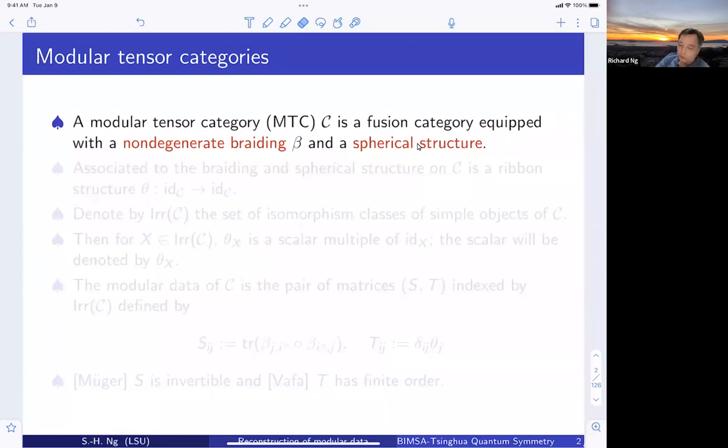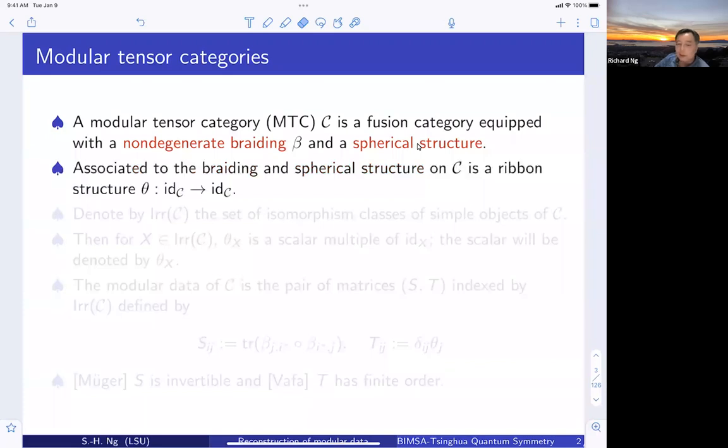So I try to suppress this technicality, but at least we have in our mind that we have a braiding and a spherical structure, and the spherical structure together with the braiding gives you something called the ribbon structure, which is an isomorphism of the identity functor. This kind of category used to be called a ribbon category.